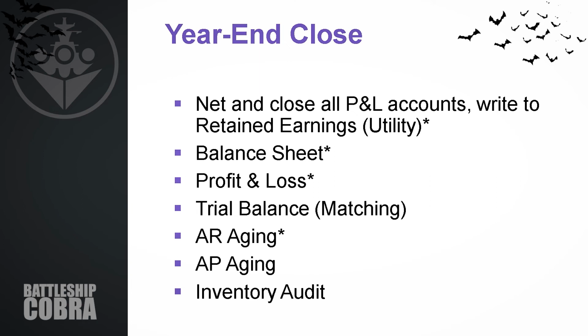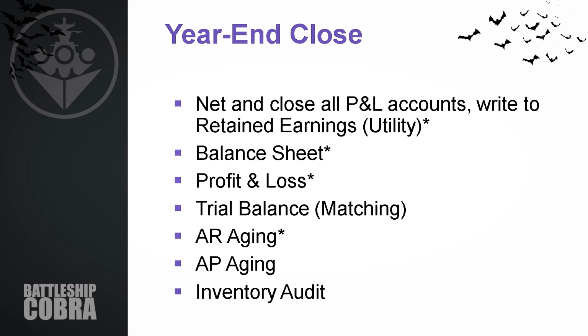So that gets written over to equity. That would be a $500 profit for the year. So when you start the new year, you're going to have zero in all your P&L accounts. All your activities are wiped clean, and you've netted those all up into your net loss or net profit for your business.